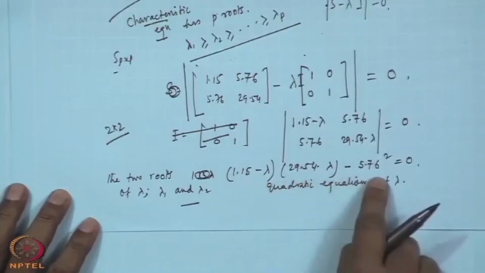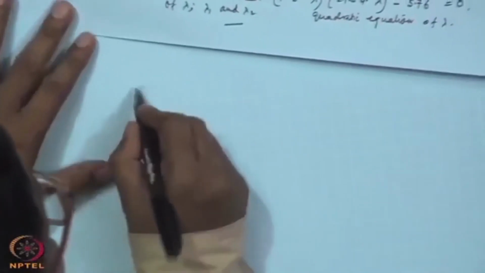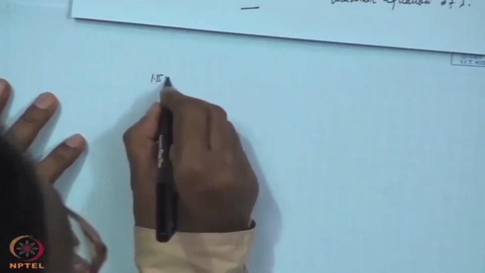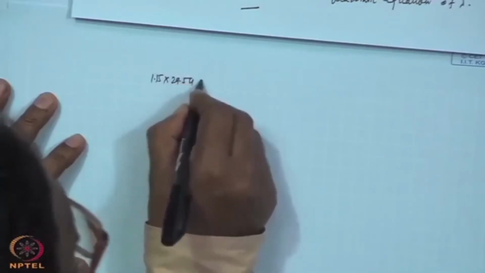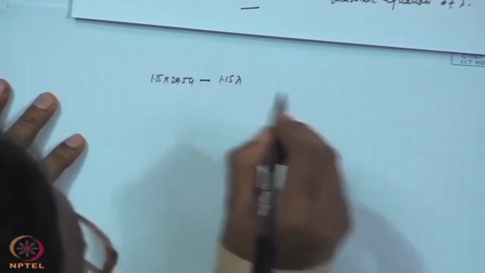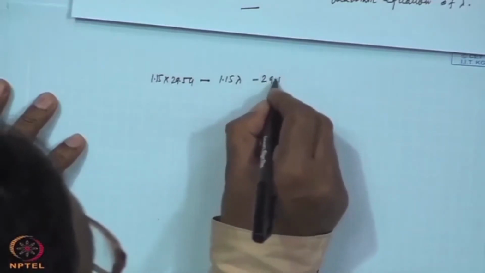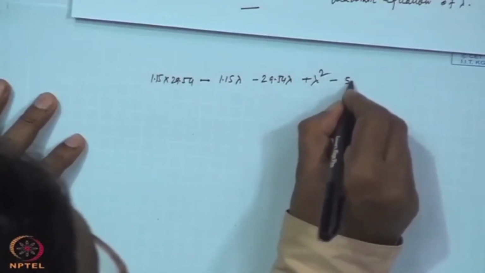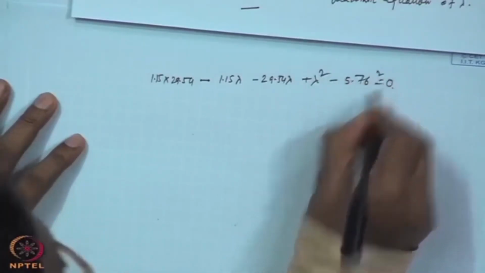Now, using this equation you can find out. So, what I mean to say, the resultant equation is 1.15 into 29.54 minus 1.15 lambda minus 29.54 lambda plus lambda square minus 5.76 square equal to 0.